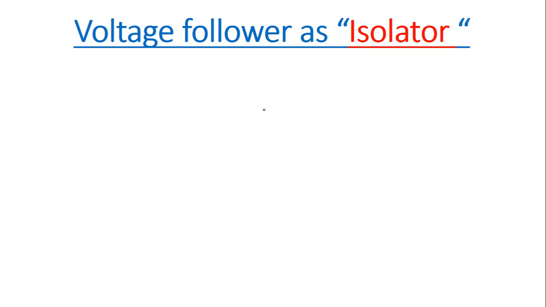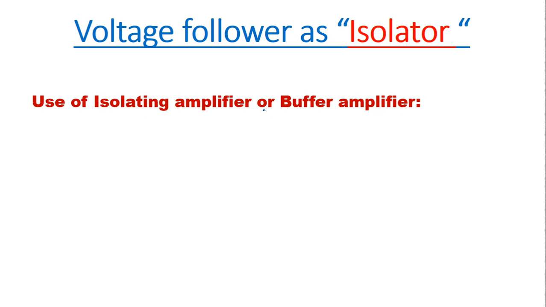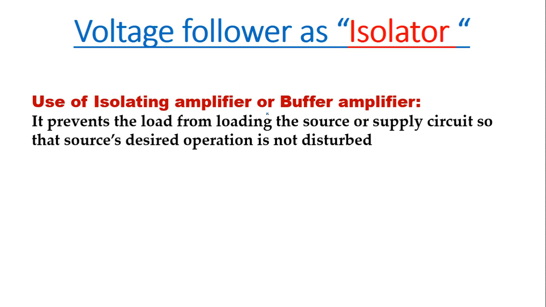First of all, we should know why we use voltage follower as isolator or buffer amplifier, or what is the use of isolating amplifier or buffer amplifier. It prevents the load from loading the source or supply circuit so that the desired operation of the source is not disturbed.